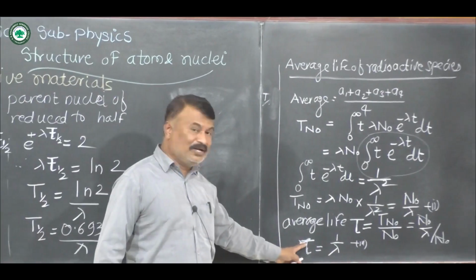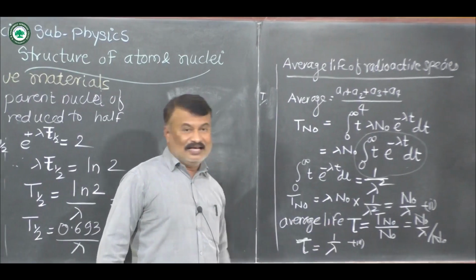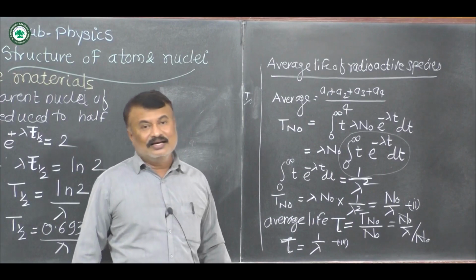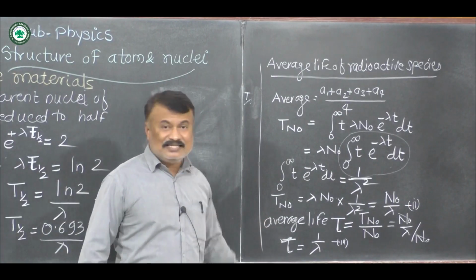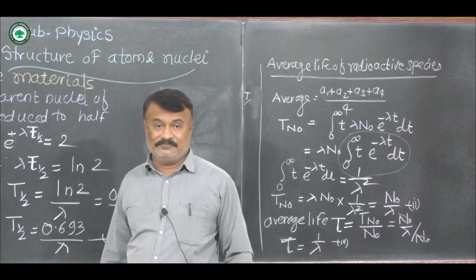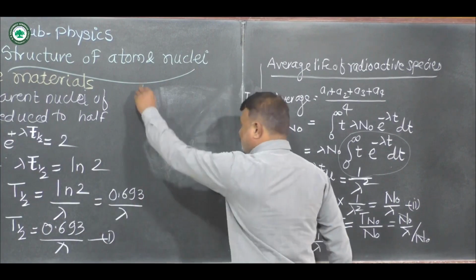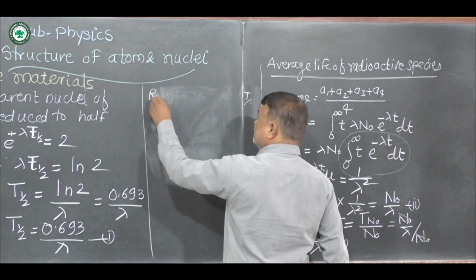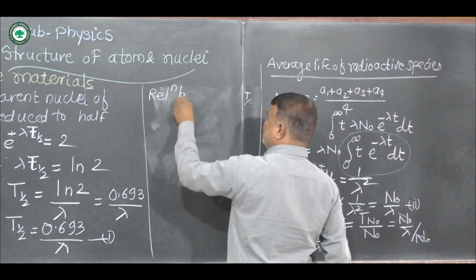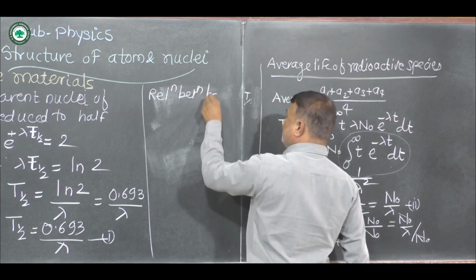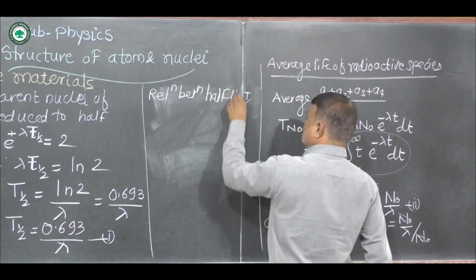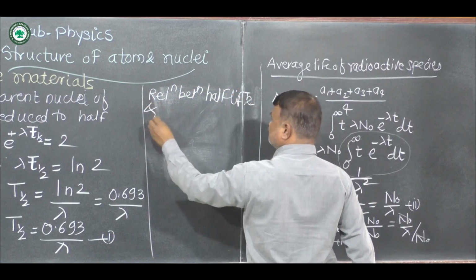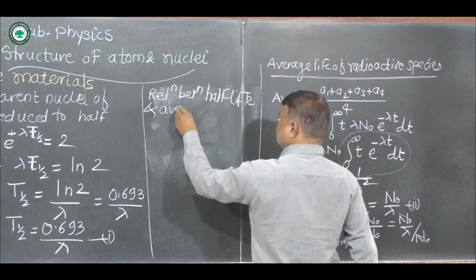Average life is given by tau is equal to 1 upon lambda. Now we have to find the relation between average life and half life. So for that purpose we consider the relation between half life and average life.